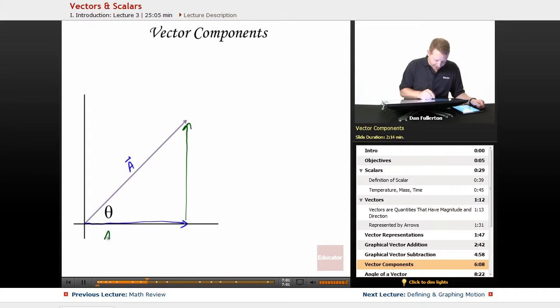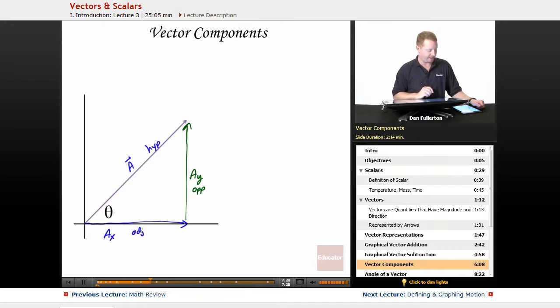Let's call this the x component of A, and we'll call this the y component of A. How do we figure out what those are? Well, if you notice here, we've made a right triangle, where here's our hypotenuse. This is the opposite side because it's opposite the angle, and AX must be the adjacent side.